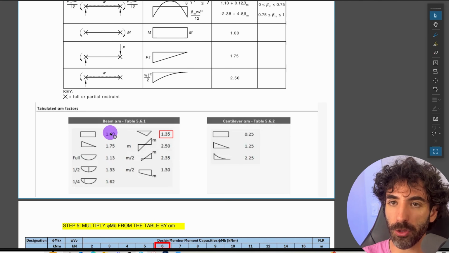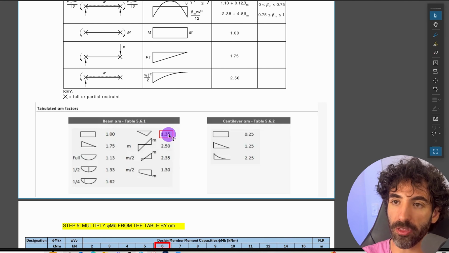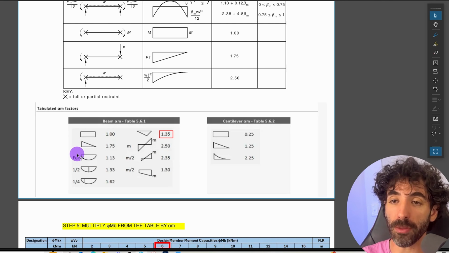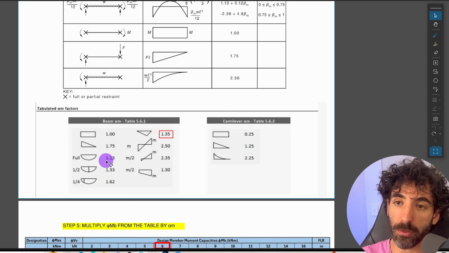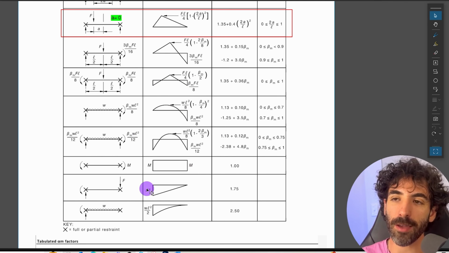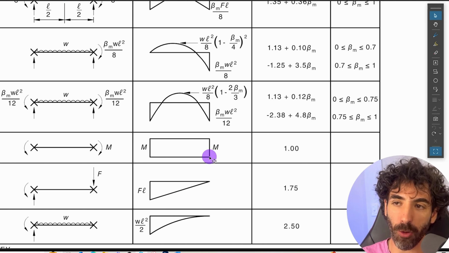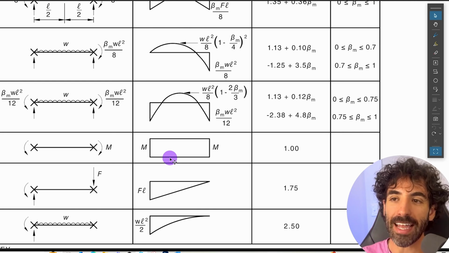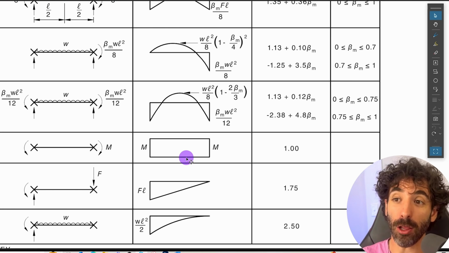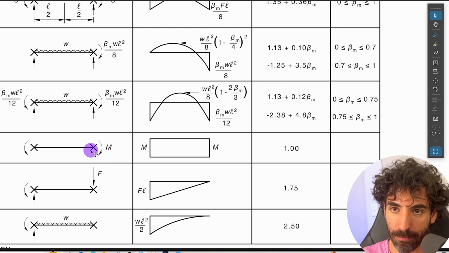We also have some tabulated factors for the bending moment shape, for the distribution of the bending moment. So that looks like our case, which is a point load, and we've got 1.35. If you have a simply supported beam with a uniformly distributed load, you could possibly use 1.13. What this table is actually telling us is that if we have a uniform bending moment distribution, that means our compression flange is working hard along the whole length of the beam.